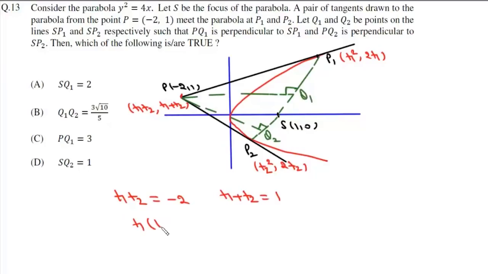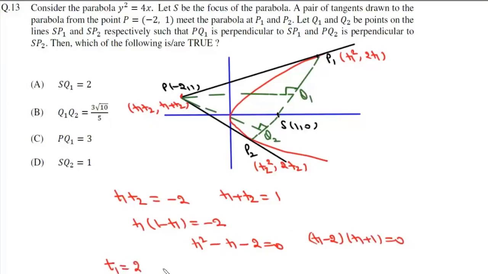So, it will be t1 and then 1 minus t1 equals minus 2, or it will be t1 square minus t1 minus 2 equals 0. We can write t1 minus 2 and then t1 plus 1 equals 0. So, from here we'll get two conditions, that either t1 is 2 or t1 is minus 1.